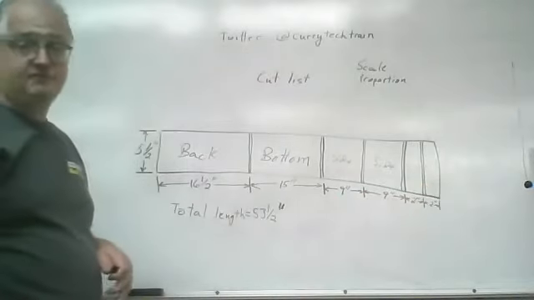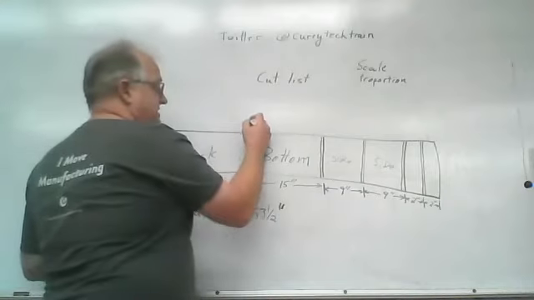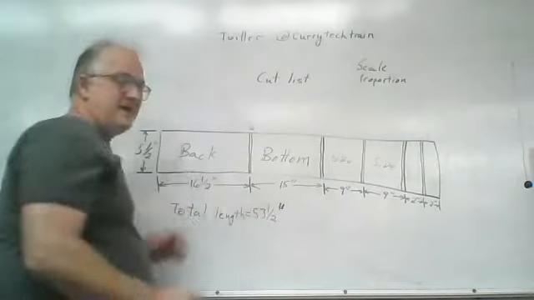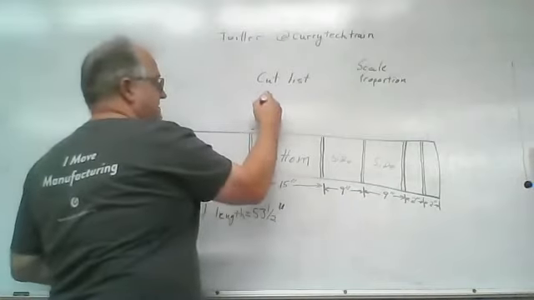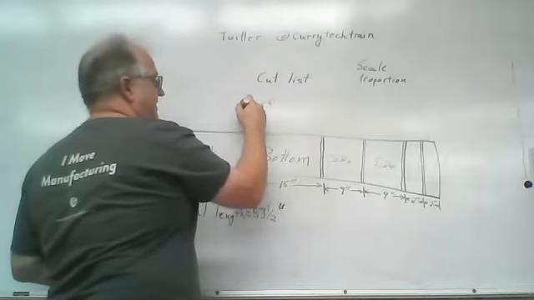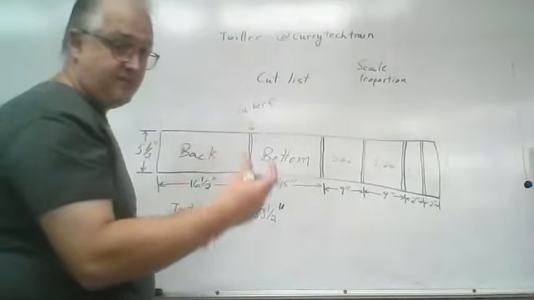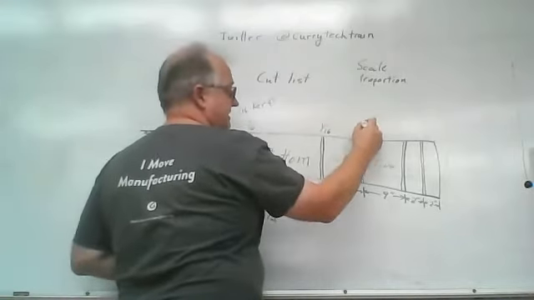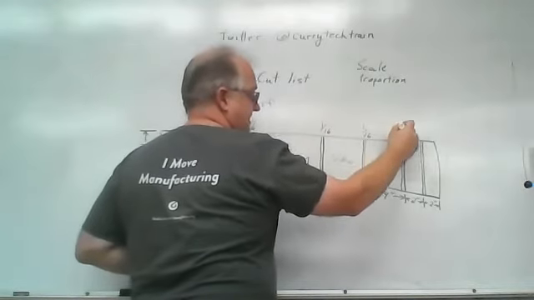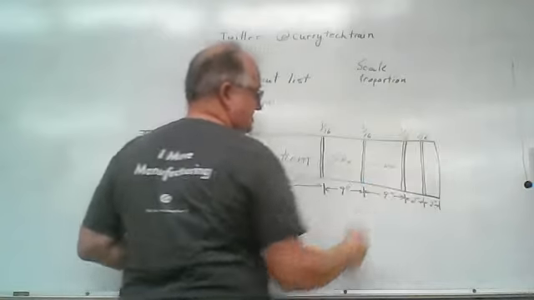Otherwise, you're going to end up too short when you cut. So this is 1/16 of an inch. We have a special name for that. That's called the kerf. So we've got a 1/16 kerf. Now, that is the material removal on a board. So we've got 1/16 there, 1/16 there, 1/16 there. Each time we cut, we are removing 1/16 of an inch of material.